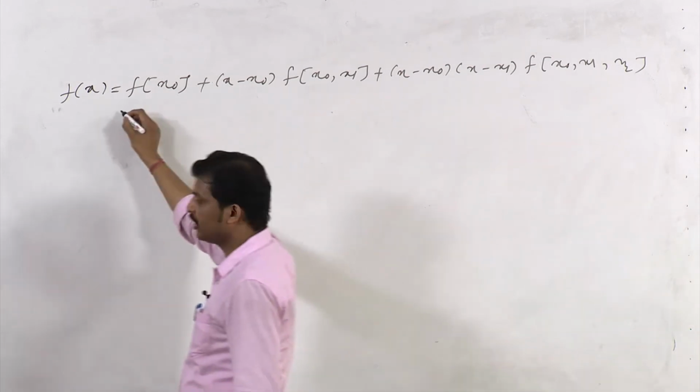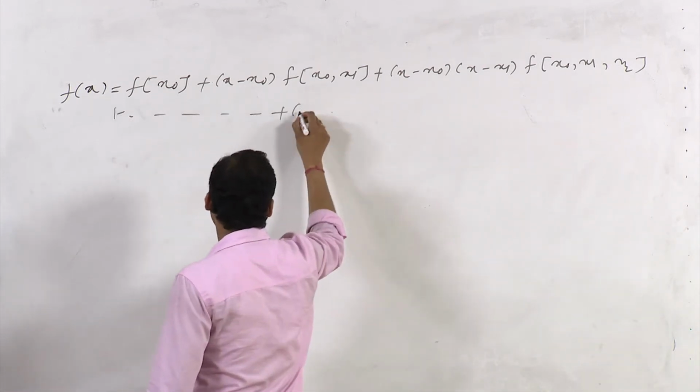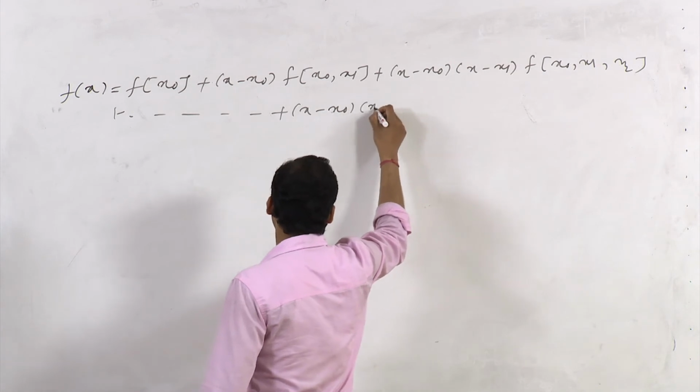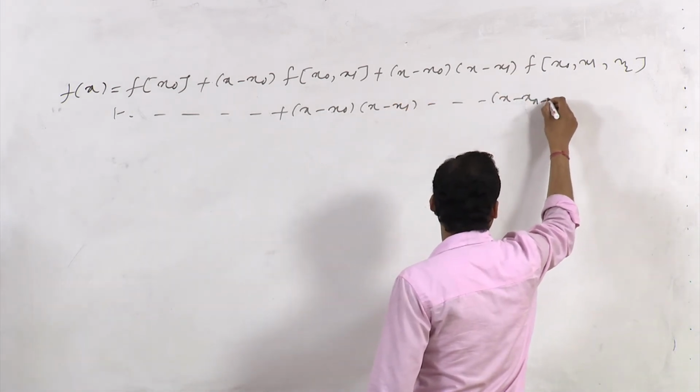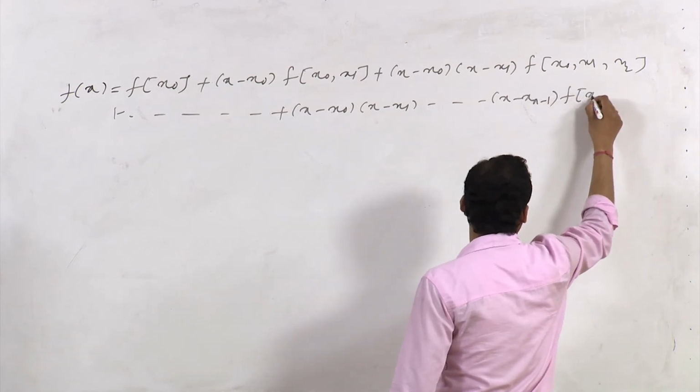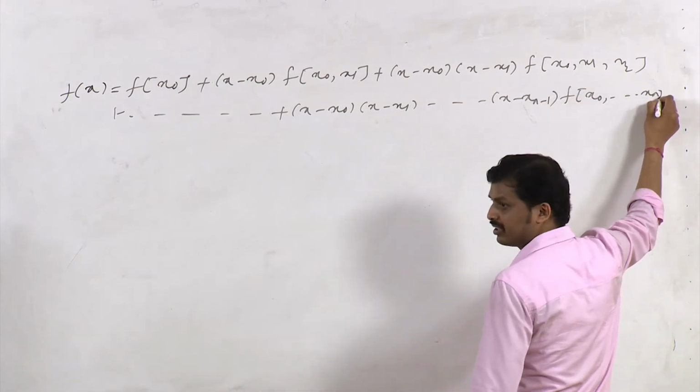So, likewise we can write this as x minus x0, x minus x1 to x minus xn minus 1 f of x0 to xn here.